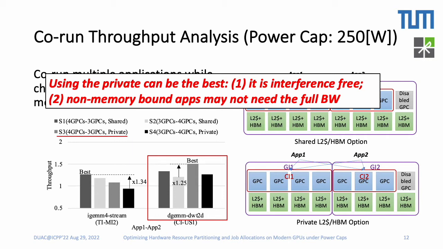That is because it is interference free, and non-memory bound applications may not fully use the bandwidth.